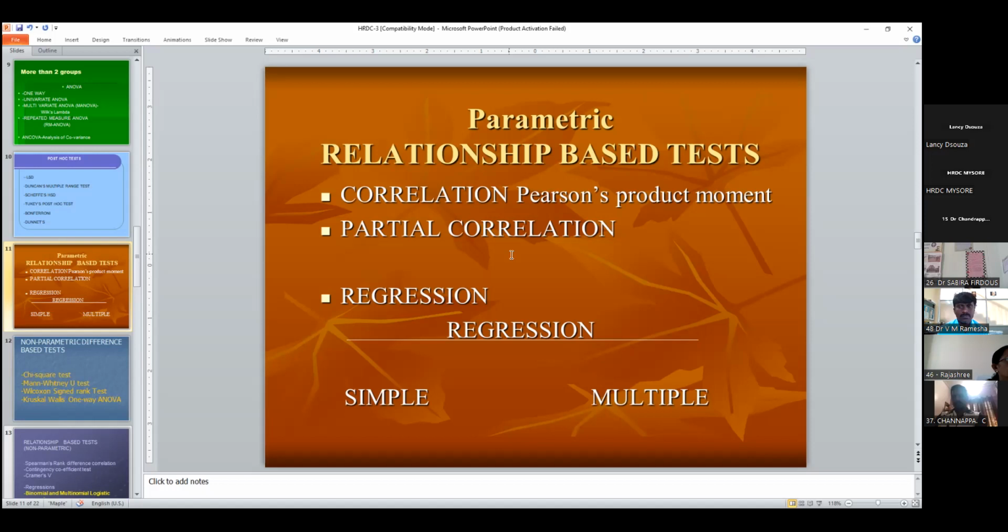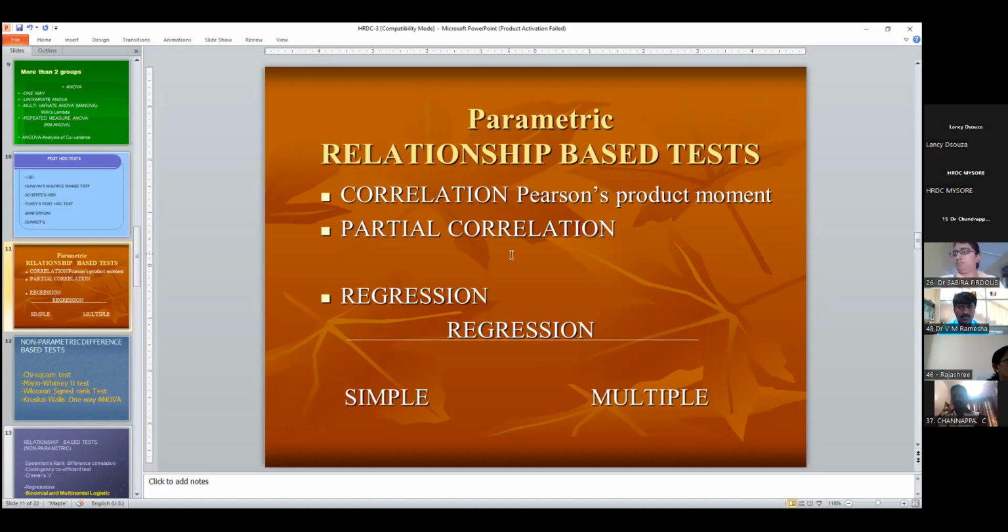The best example for a simple regression is, if height increases by 1 centimeter, what is the corresponding rate of change for the weight? Suppose you are correlating height and weight and you are getting a positive correlation. Now the next job is the rate of change. If height is increased by 1 centimeter, what is the corresponding change in the weight?